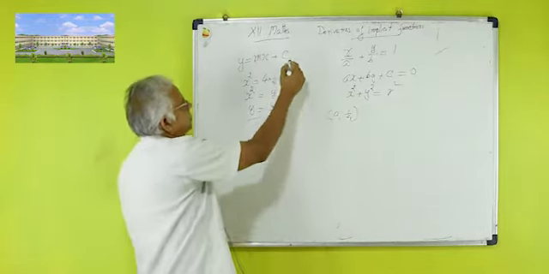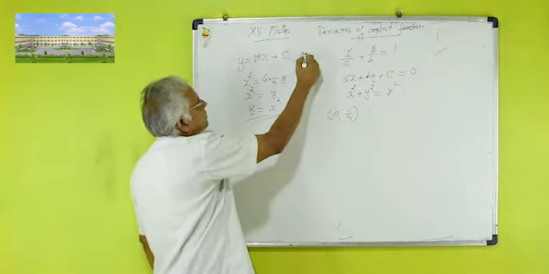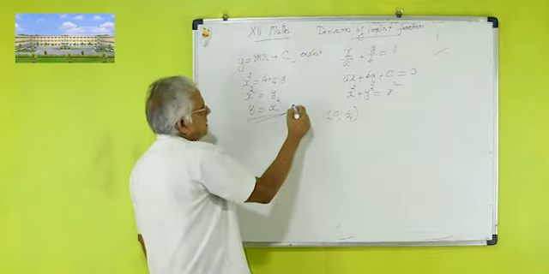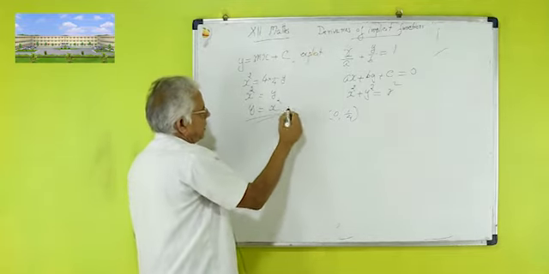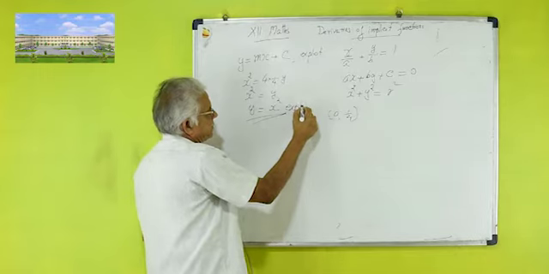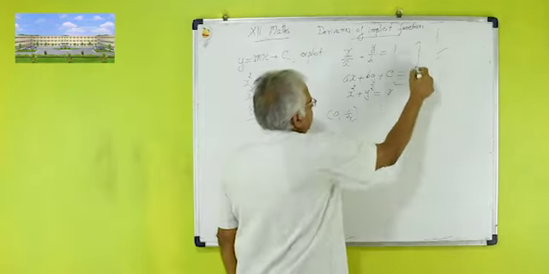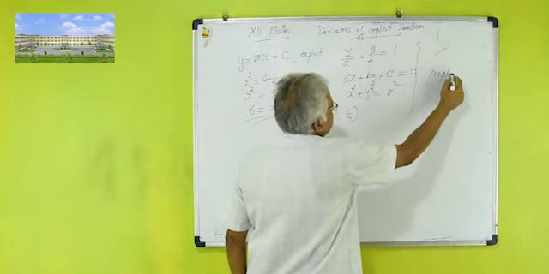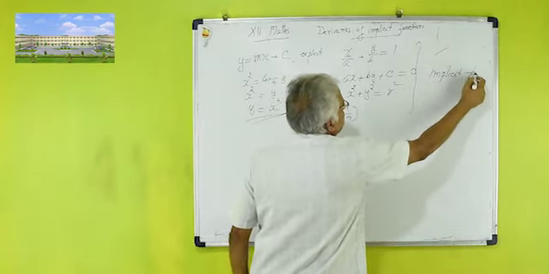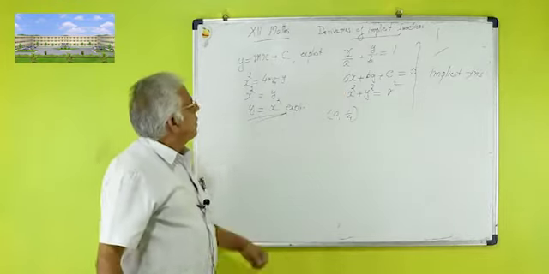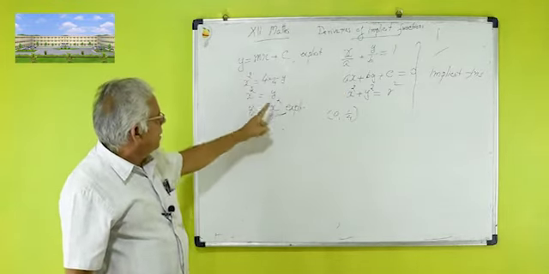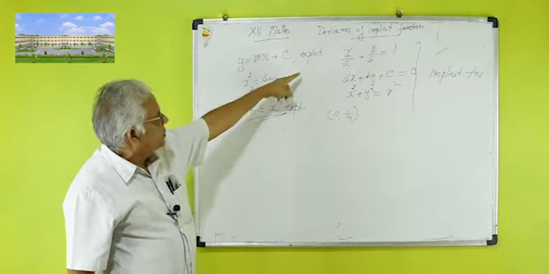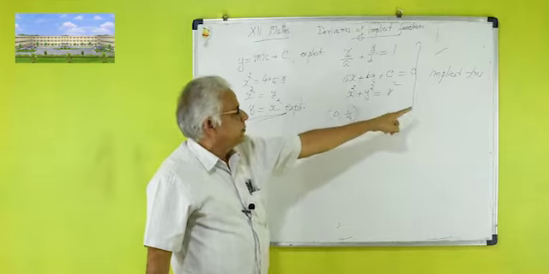The first two, y is equal to mx plus c, the straight line, and y is equal to x square, the parabola, are explicit functions. These three are implicit functions, the others are implicit functions.